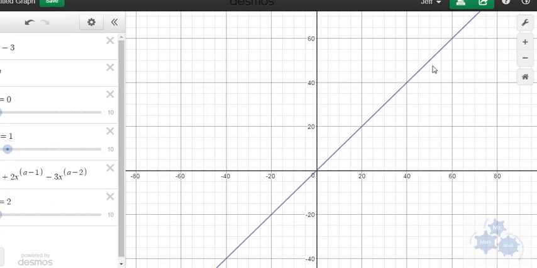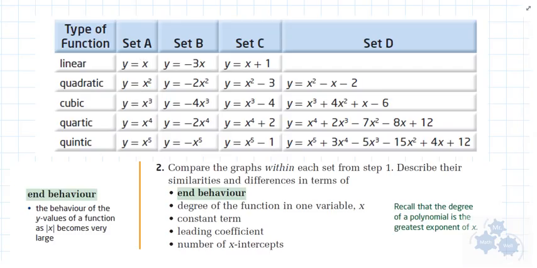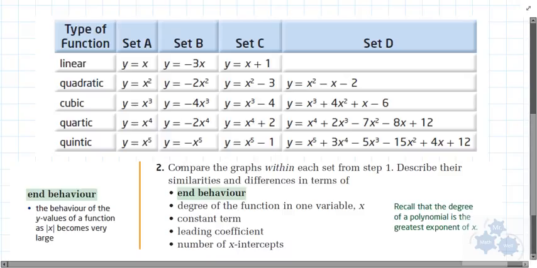So the end behavior here starts in quadrant, and what's this quadrant down here? 3, and ends in quadrant 1. So end behavior for linear with a positive leading coefficient starts in quadrant 3, ends in quadrant 1.